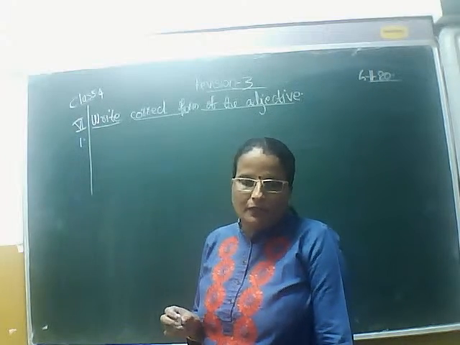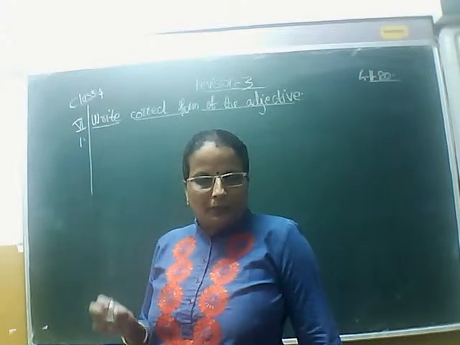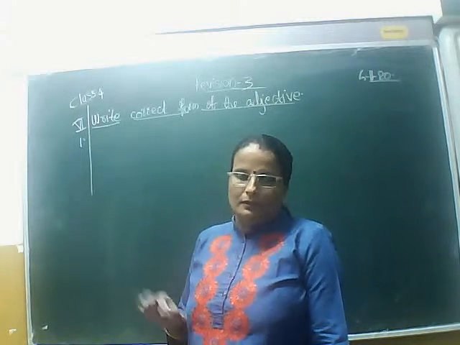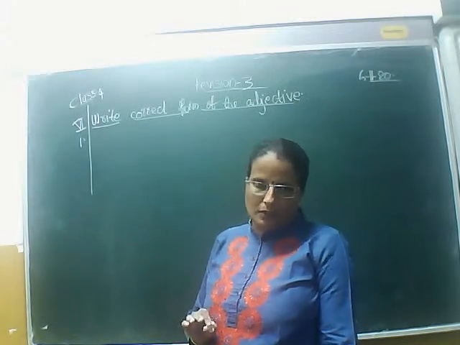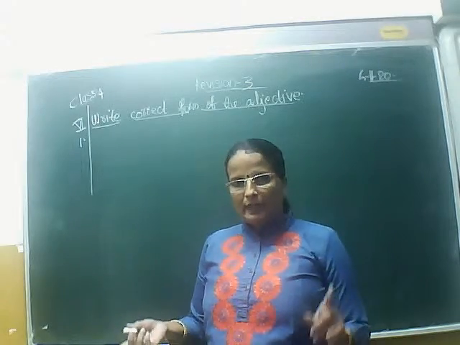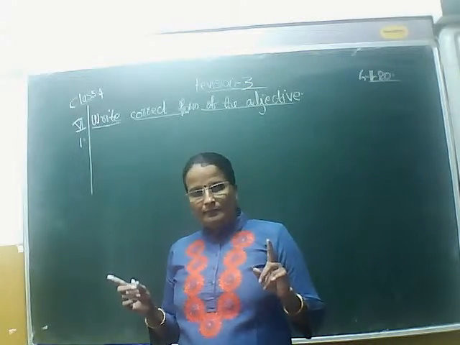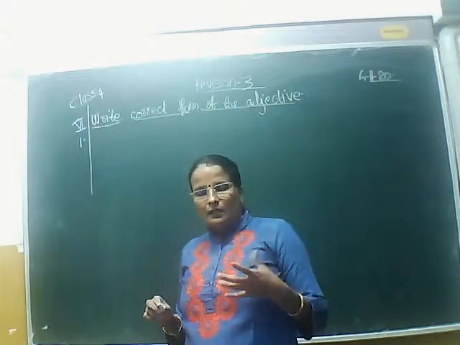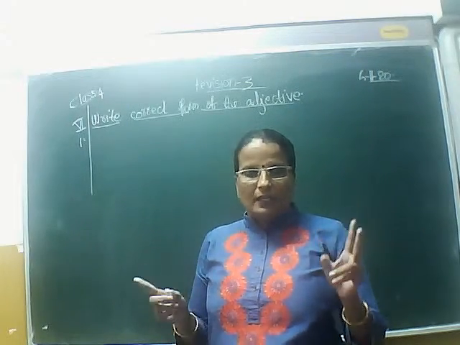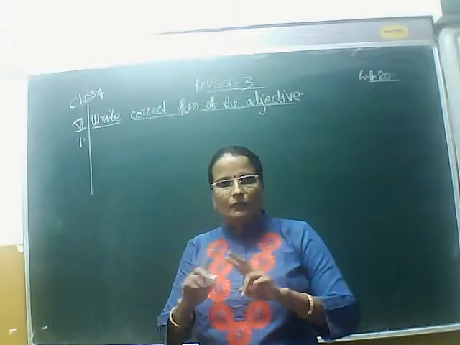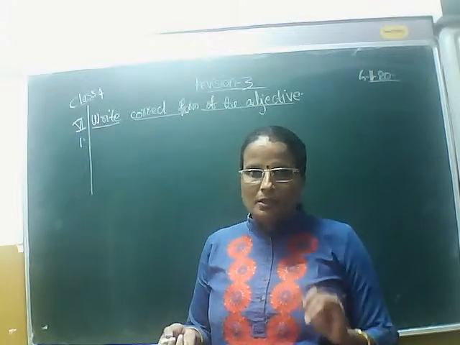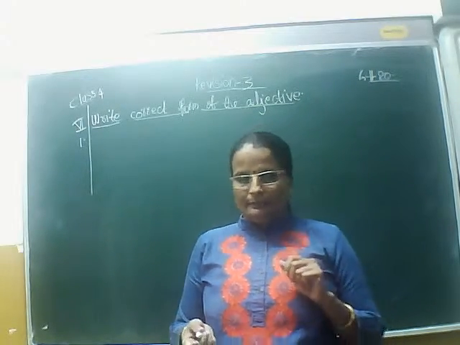Degrees of comparison we studied. I told you that adjectives have 3 forms. The base form is called a positive. If we are comparing the qualities of an animal or a human being or a thing with another thing, that means we are comparing with only 2 things, then we use comparative degree.